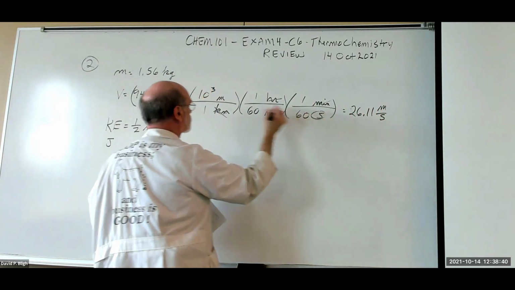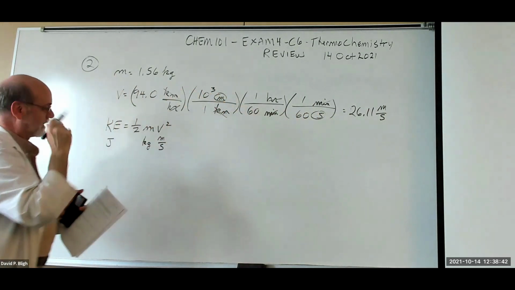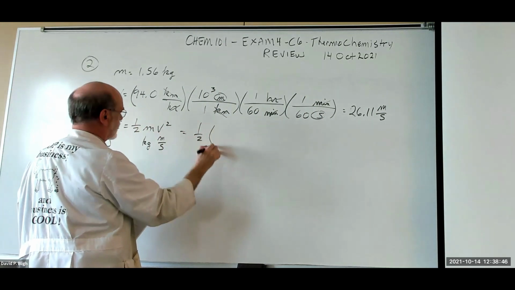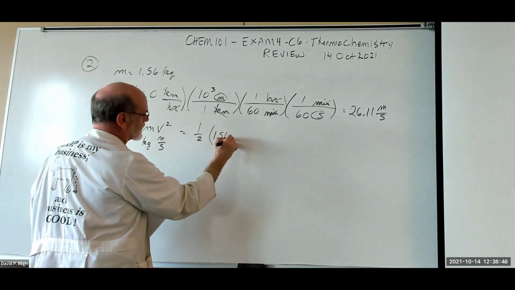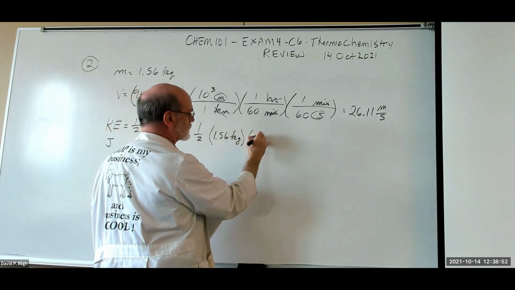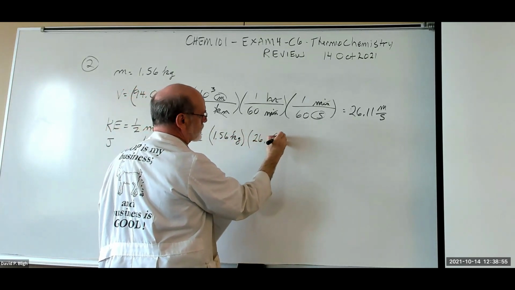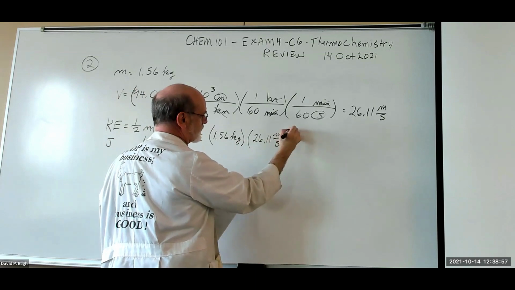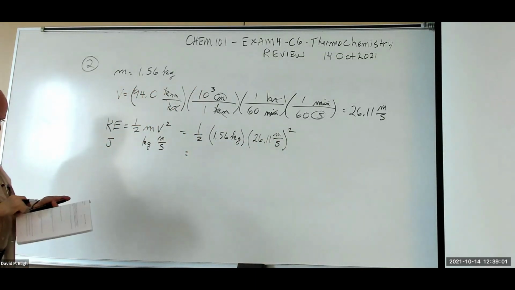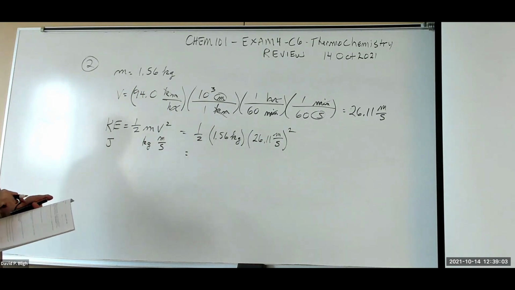Right? There's the second, there's the meters. Now we can plug those values in here. So we got 1.56 kilograms, and velocity is 26.11 meters per second, and we have to square that.